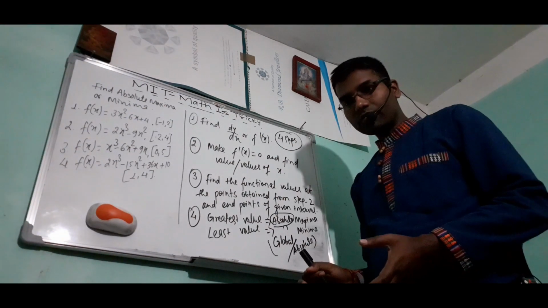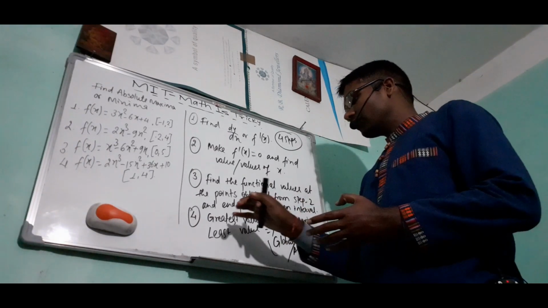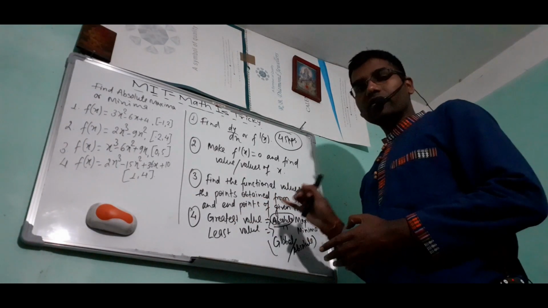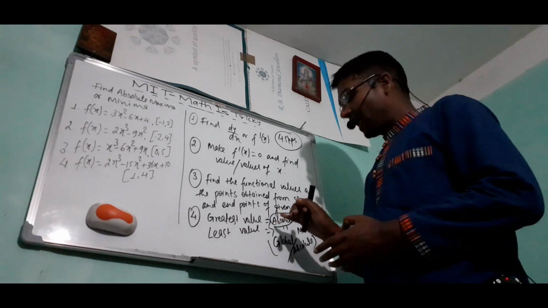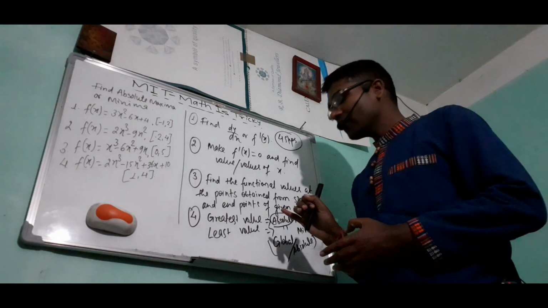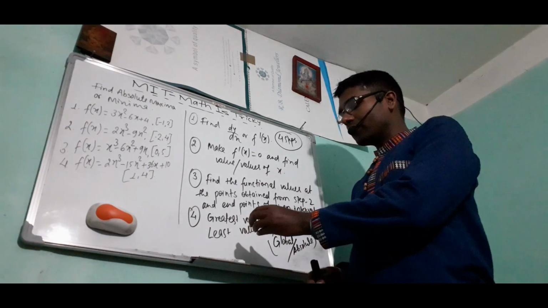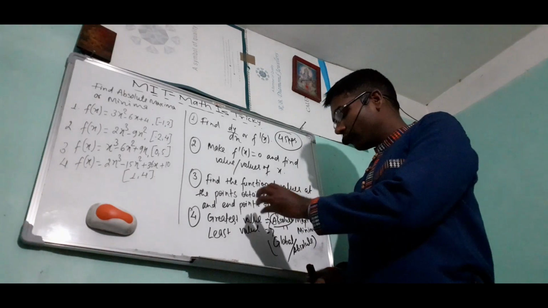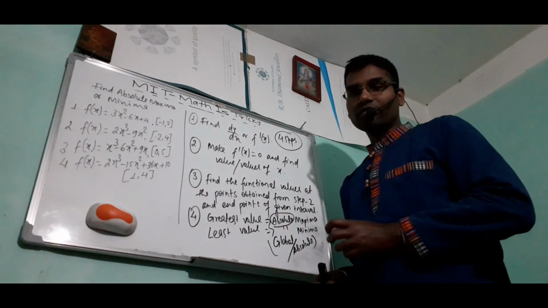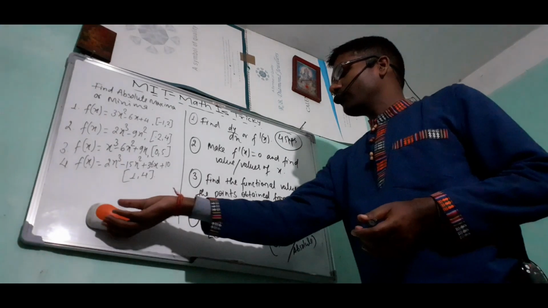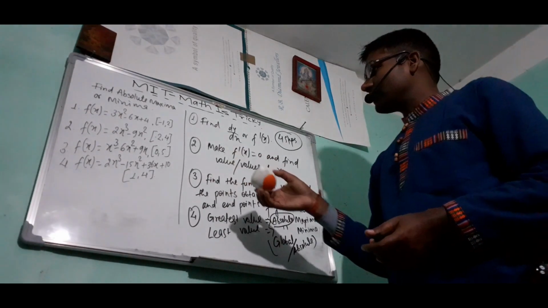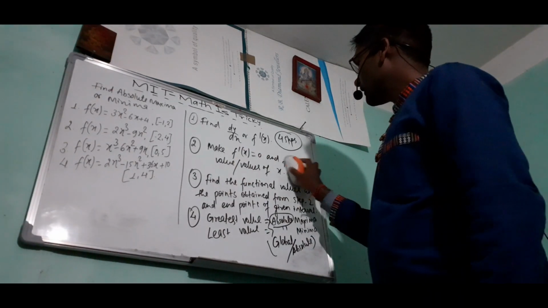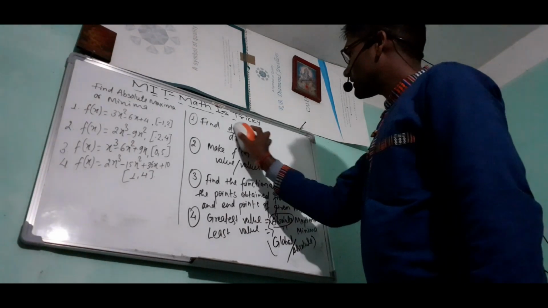Among the functional values, we have to see which one is the greatest one. That is going to be our global or absolute maxima. And the smallest value will be the global or absolute minima. So applying these 4 steps, I'm going to solve one by one, and hope you remember these steps.